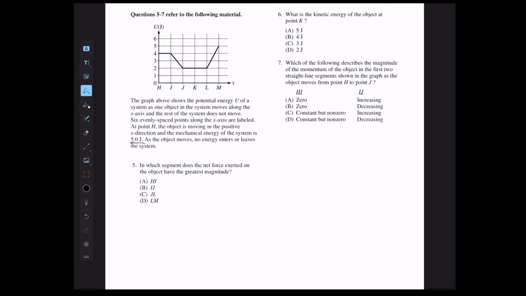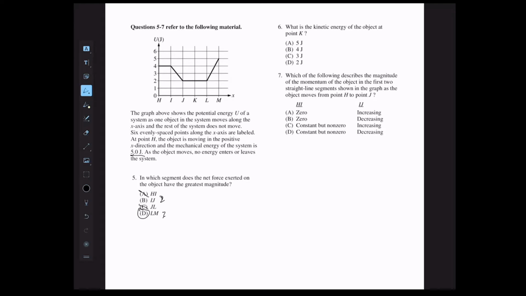So HI, it's not HI because that's flat. IJ has a slope of, the magnitude of its slope is 1. JL, it's flat. And LM, the magnitude of its slope is 3, or sorry, this is 2 and this is 3. So LM has the greatest net force.